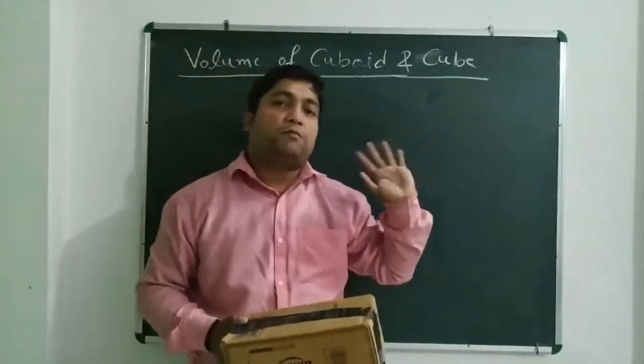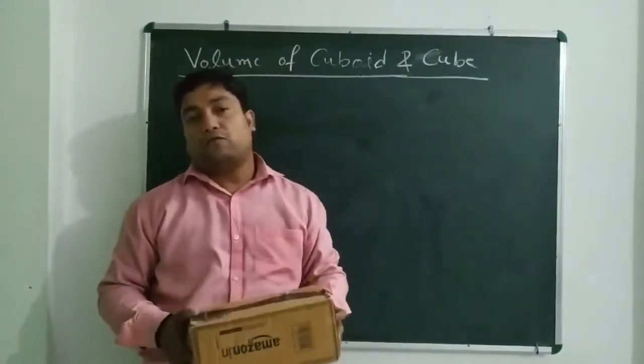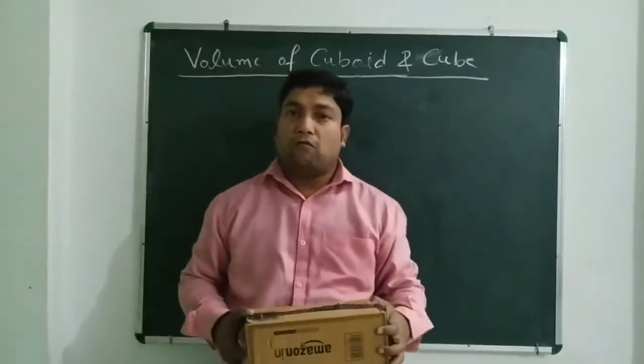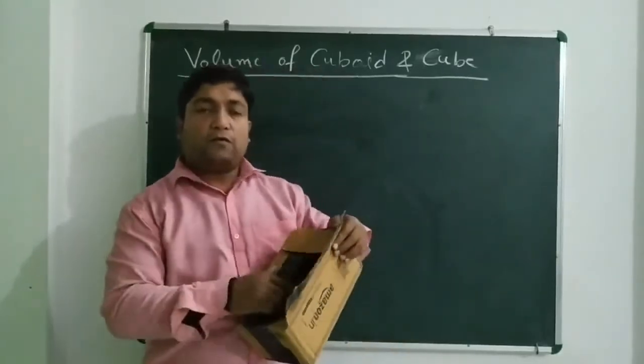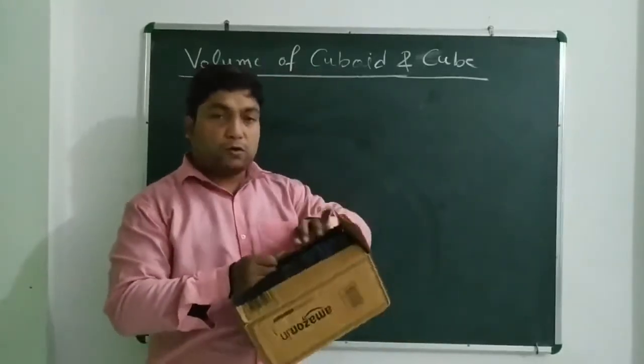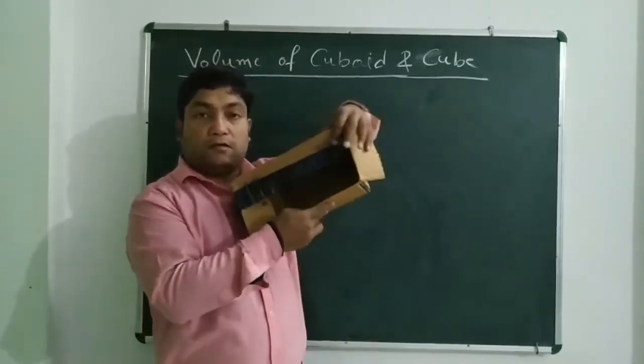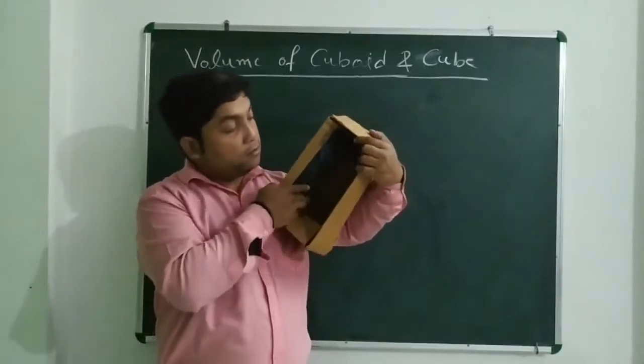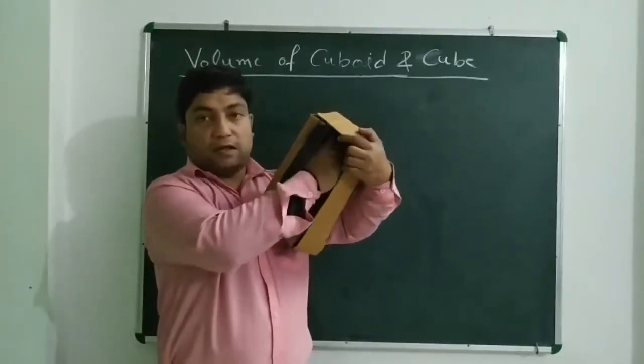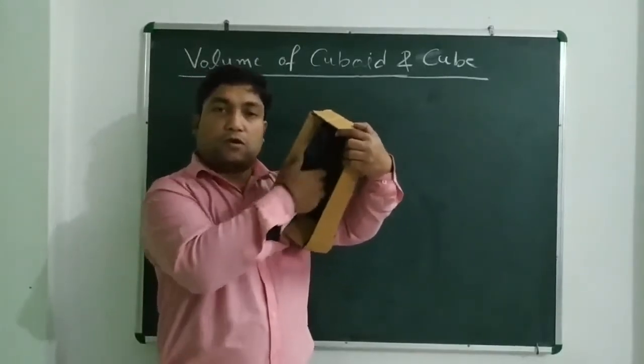Before studying the volume of the cuboid and cube, we have to have knowledge about the volume. What is the volume? Volume means that when we open this cuboid, the space in the cuboid is called volume.